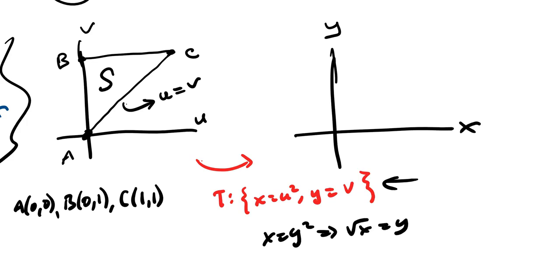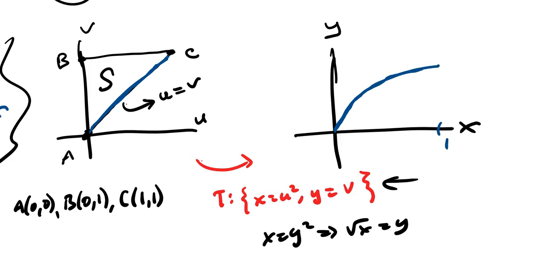It's plus or minus, but y can't be negative because then v would be negative, and v is not negative over here. So it's just the top half of it. So that would be this here. So this blue line here, AC, goes to the square root function. There, it stops at 1.